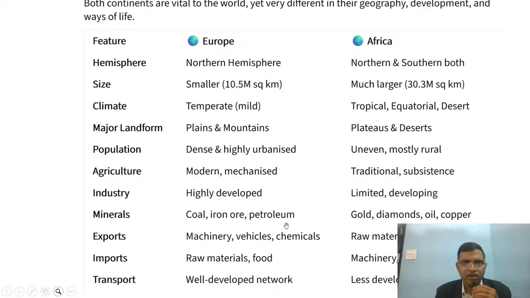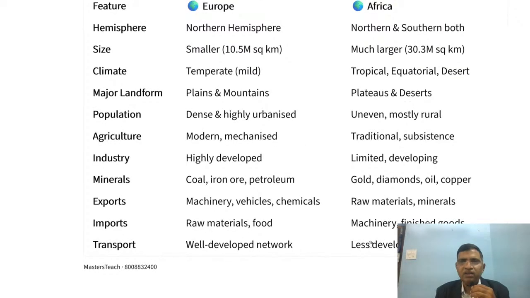Europe has minerals like coal, iron, and petroleum, whereas Africa has gold, diamonds, oil, and copper. They are very rich in mines. Europe exports machinery, vehicles, and chemicals, while Africa exports raw material and minerals, and depends on machinery and finished goods from other countries.